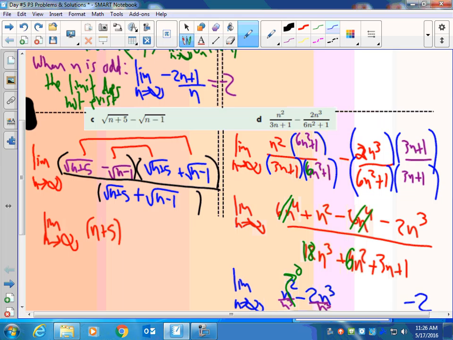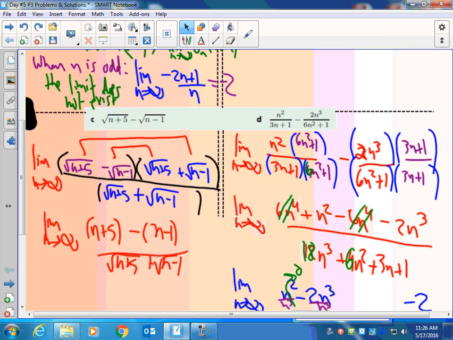So then you're going to get negative square root of n minus 1 times square root of n minus 1, which is n minus 1, all over square root of n plus 5 plus square root of n minus 1. Now what? What do we do next? Anybody see it? Yeah, these n's are going to go.